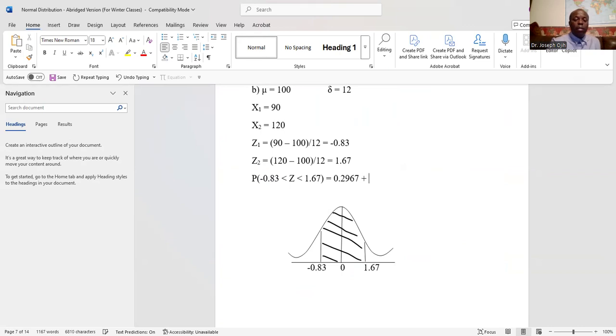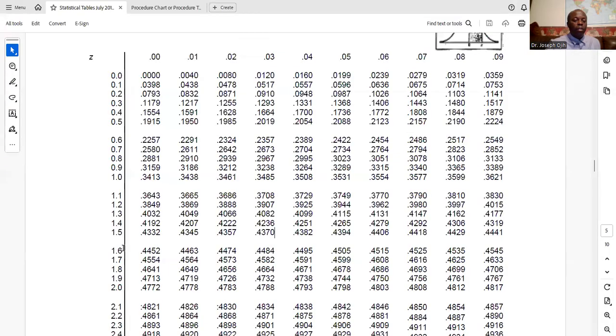Plus, now for 1.67, you go to the table again. Look for 1.6 under 7. It's 1.6 right here. Make sure. Yep, 1.6 here. Go under 7.